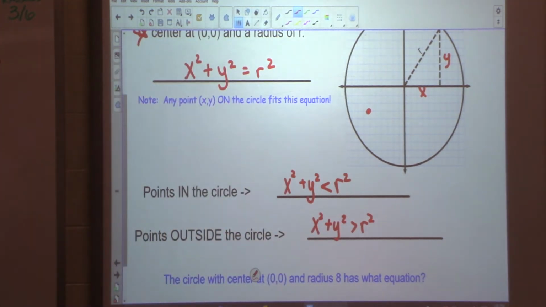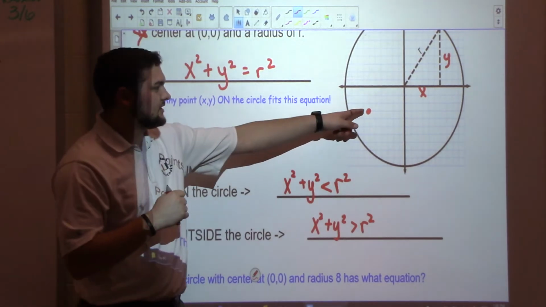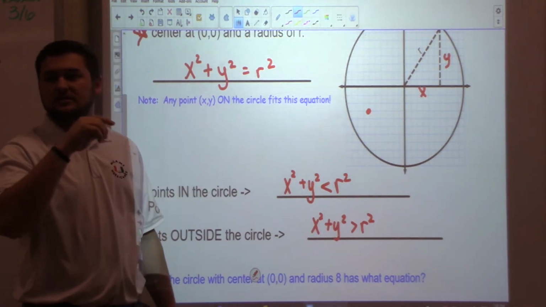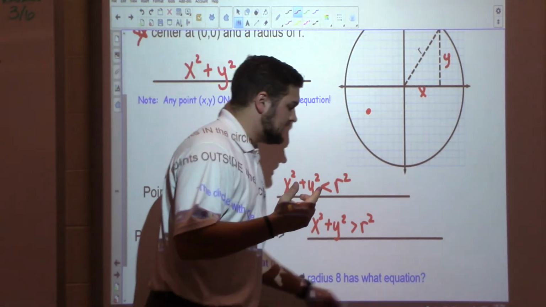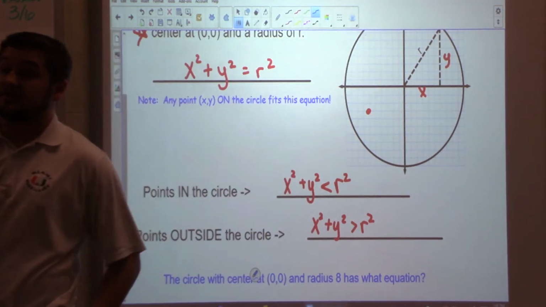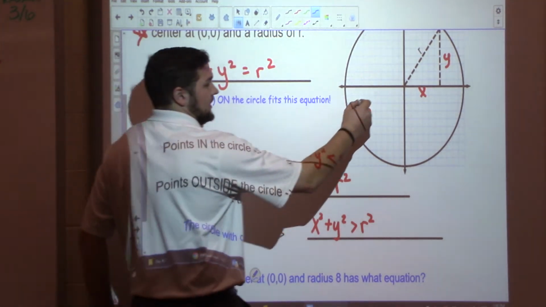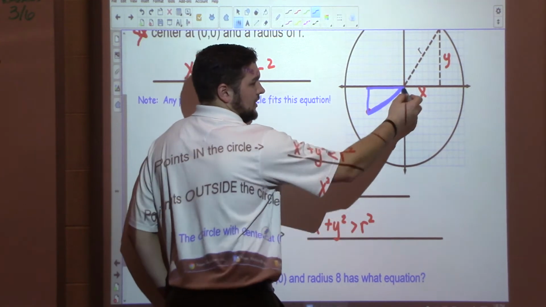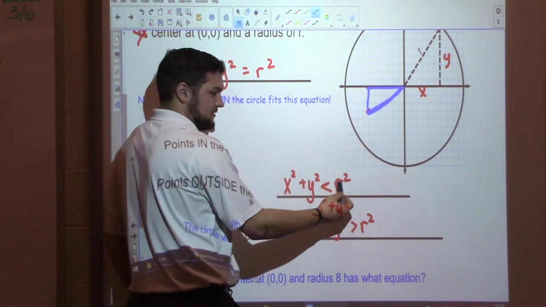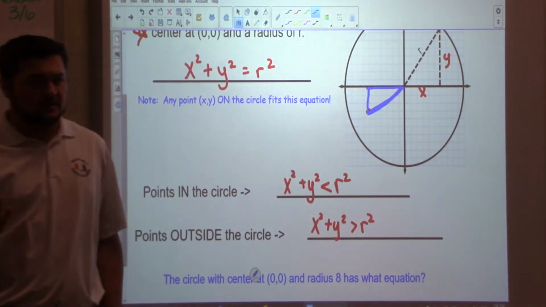Now let's think about that for a second. Why do you think it's less than if it's inside the circle like this? Well, it has a smaller distance than the radius, right? My x squared plus y squared is going to be smaller than the actual radius. So it's less than the radius squared, right?